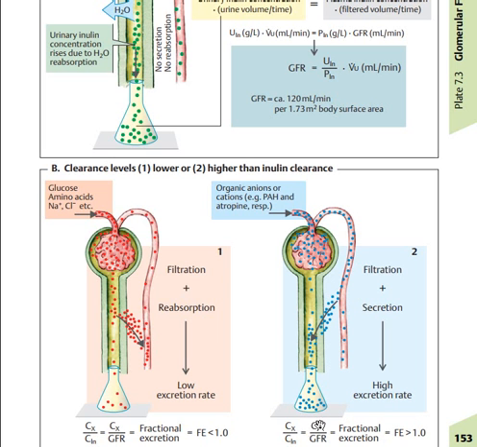Here the clearance will be equal to the filtration plus the secretion, but in the previous case it was equal to the filtration minus the reabsorption. So in that case you have 1, which is the glomerular filtration minus the reabsorption, so it will be less than 1. While in this case, when it is secreted, it will be 1 plus the secretion all over glomerular filtration, which is going to be greater than 1.0.